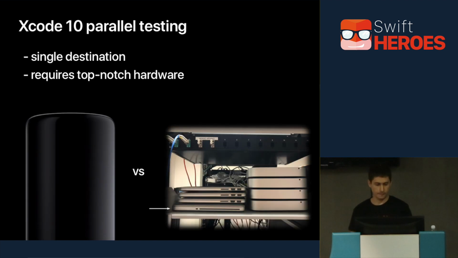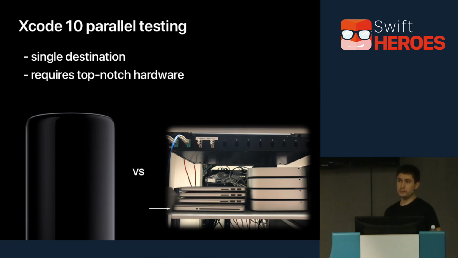You may ask yourself how this compares to the parallelization that was recently introduced in Xcode 10. We believe that our solution still has its advantages. Apple parallelizes tests on a single destination, requiring top-notch hardware to run several simulators at once.